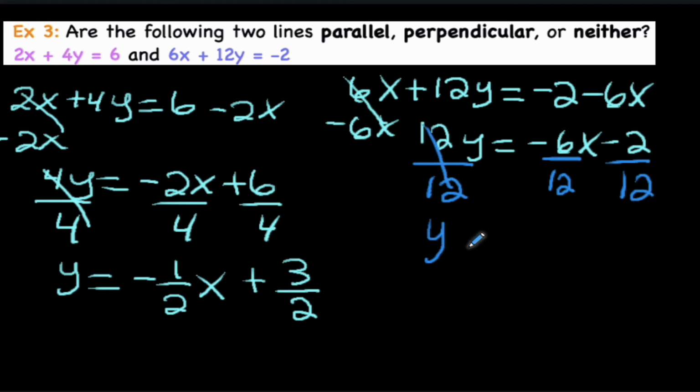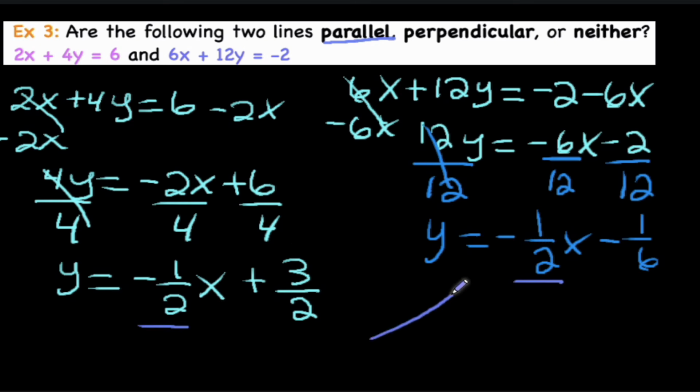So we have y equals negative 1/2 x minus 1/6. So notice both slopes are alike, or they're the same. So that means the two lines here are actually parallel. Okay? So if you were to graph these lines right here, they'll look like this. Okay? All right, so let's go over one last example.